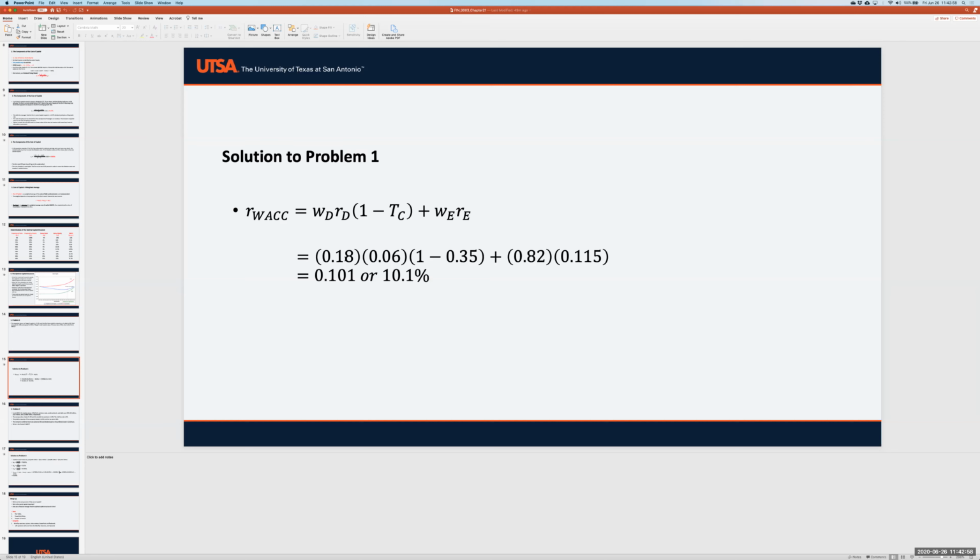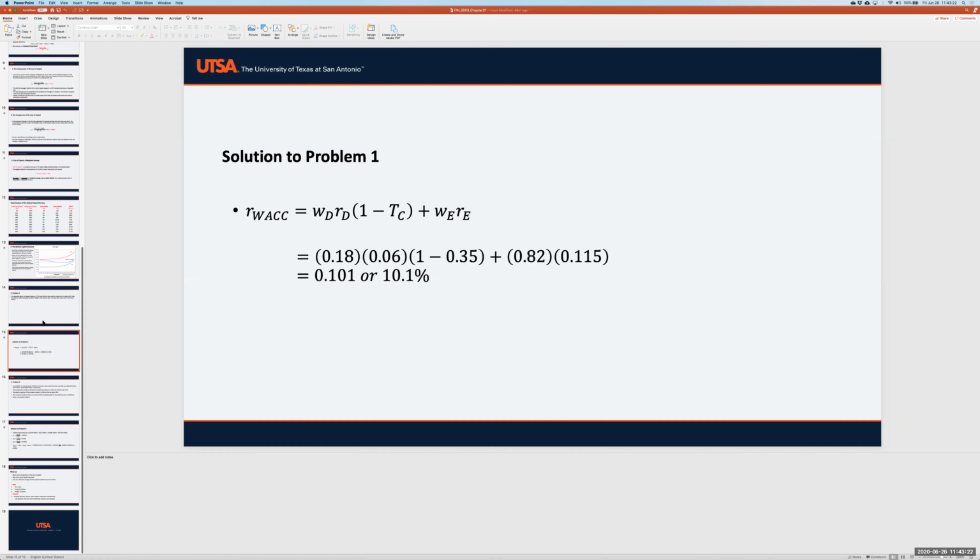We just put the 18% for the debt ratio. The cost of debt is 6%. The corporate tax rate is 35%. Plus, what is the weight of equity, which is 82%? What is the cost of equity? 11.5%. We find the weighted average cost of capital, which is 10.1%.